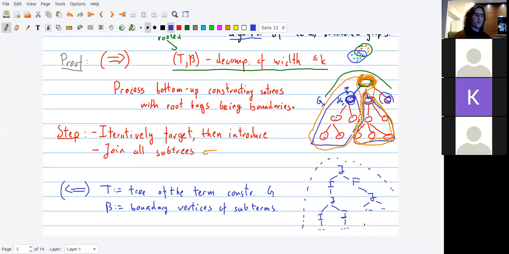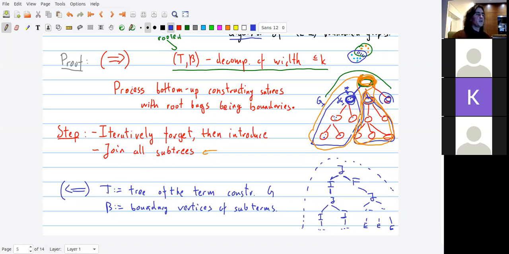The leaves are always empty graphs, so this is the only nullary operation that I have. And I have operations like introduce, which are unary, so they always have only one child. And I have joins, which are binary, so they always have two children. So this already gives me a tree.